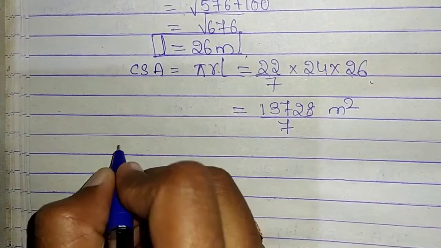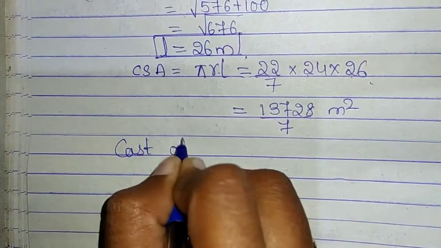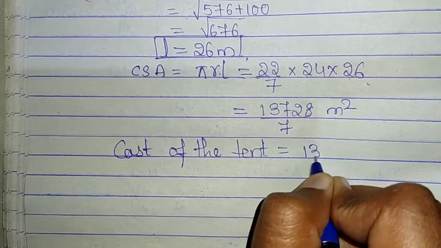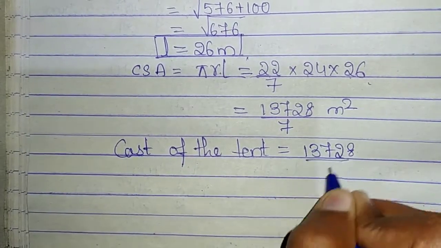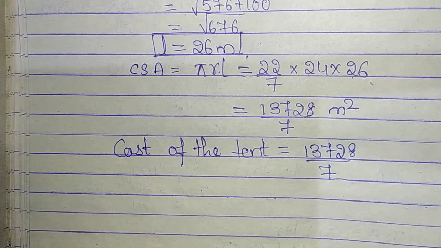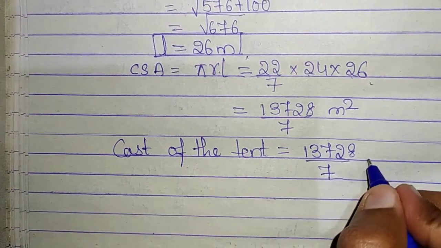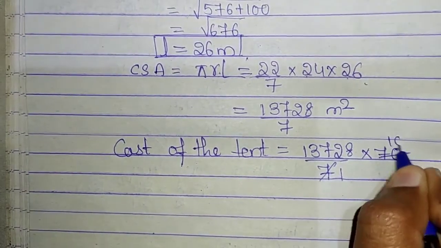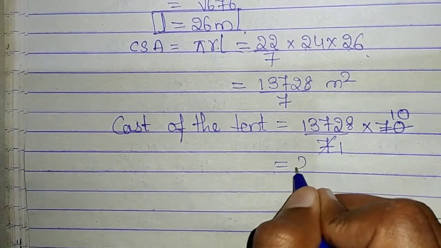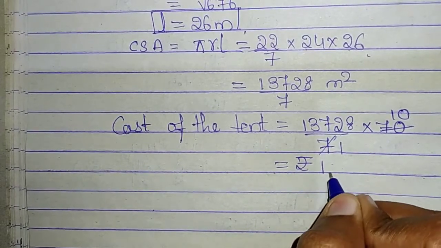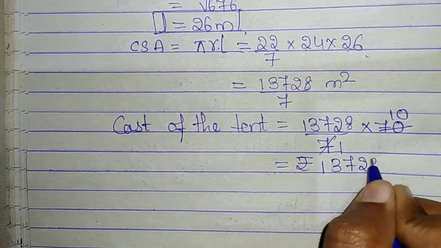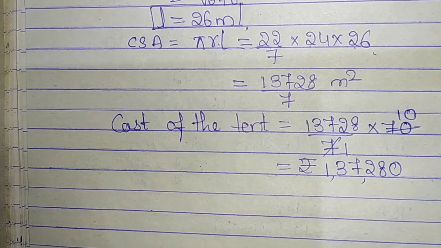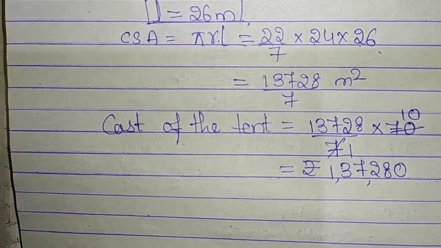Now to find the cost of the tent, it will be equal to 13728 divided by 7. For 1 meter square it is rupees 70. So for this much area it will be the area into the cost. So 7 ones are 7, 7 tens are, we will get the cost to be equal to rupees 1,37,280. That is the solution to the question.